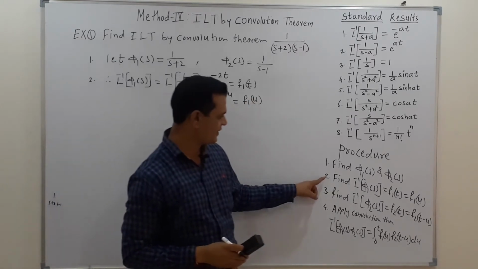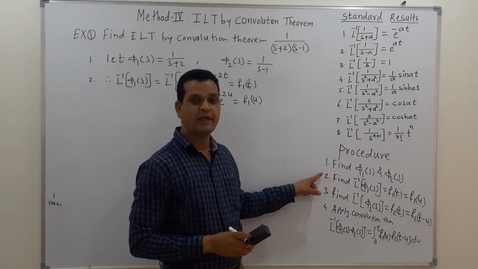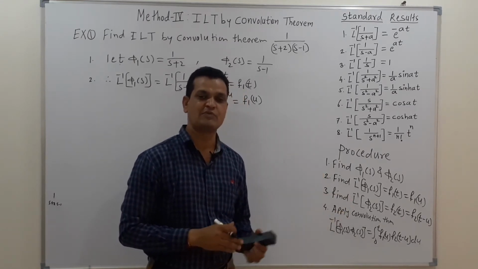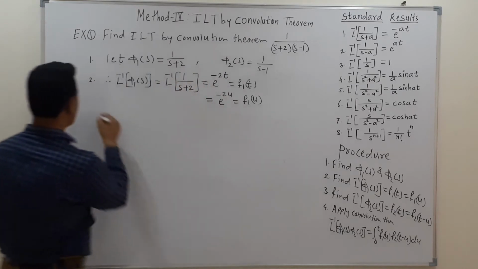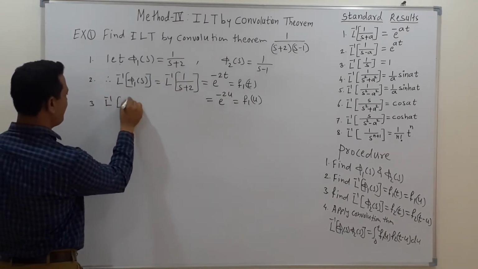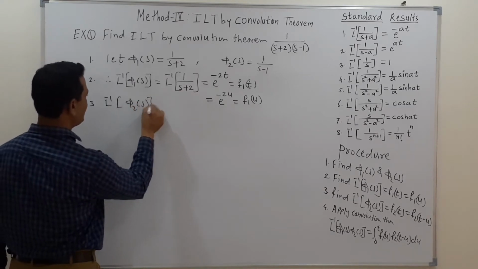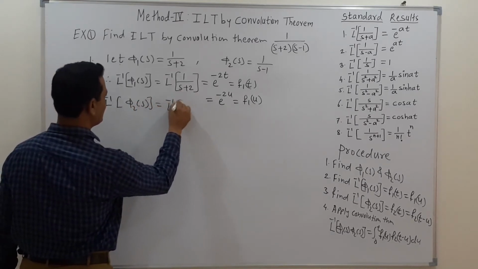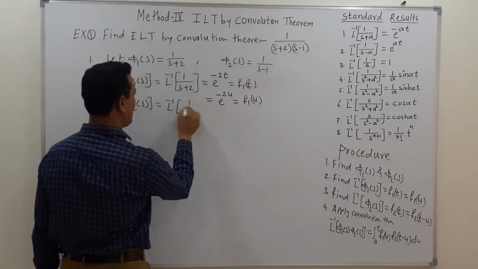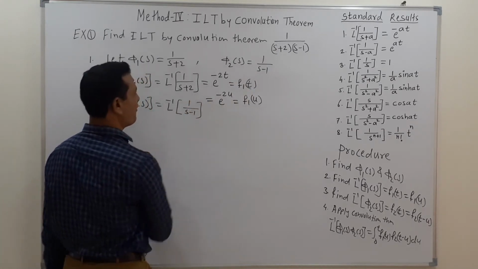So friends, this is our second step for applying the convolution theorem. Now apply the third step, find the inverse Laplace transformation of phi 2 of s. So now third step, inverse Laplace transformation of phi 2 of s is equal to inverse Laplace transformation of 1 upon s minus 1, since the value of phi 2 is 1 upon s minus 1.